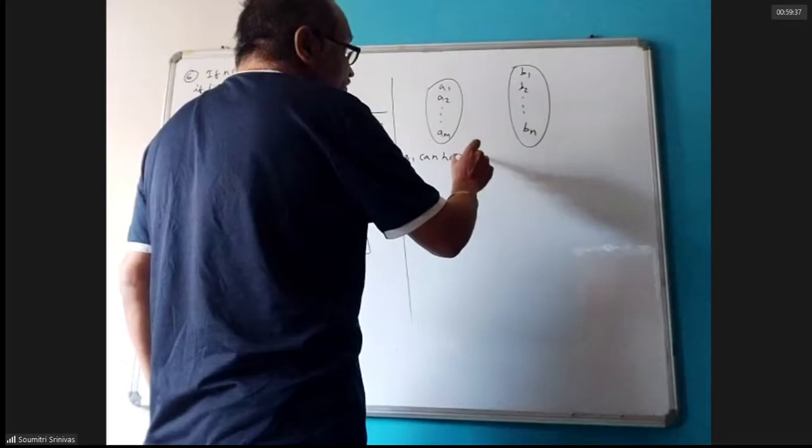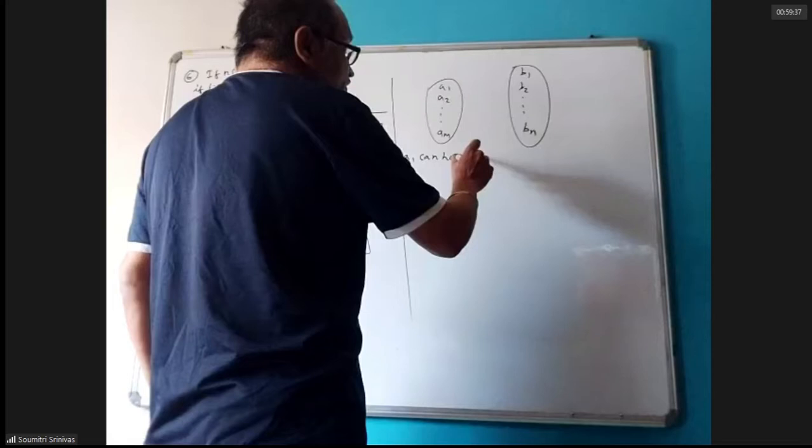A2 can have how many images? N images. If it has n images, how can distinct elements have distinct images, man? N minus 1, n minus 2. The element to which A1 is going: if A1 is fixed at B10, how many possibilities does A2 have?